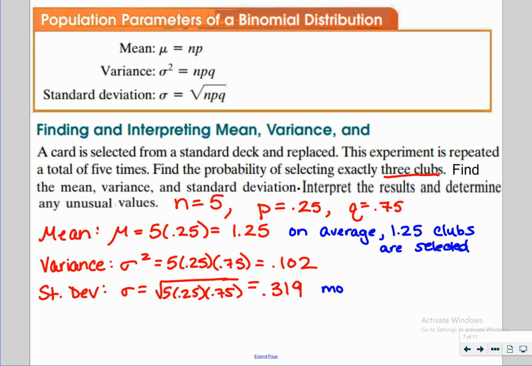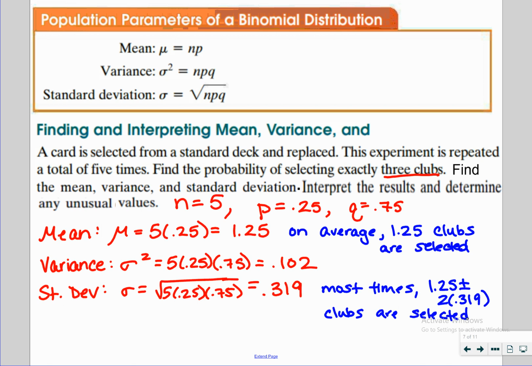So this would tell me most times, 1.25 plus and minus, how do I want to say this? Usually within 2 standard deviations as usual. So we're going to say plus and minus 2 times 0.319 clubs are selected. Okay. So I'm taking my mean, I'm adding and subtracting 2 standard deviations because that's my normal amount of data.